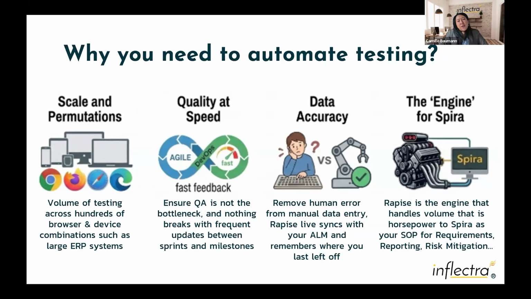And if you have Spira, because many of you are existing customers using Spira Test, Spira Team, or Spira Plan, you have Rapise native to Spira being the engine that handles the large scale of volume at speed. So think of Rapise as the horsepower to your Spira, and Spira being your standard operating platform for requirements, test tasks, risk mitigation, and reporting.